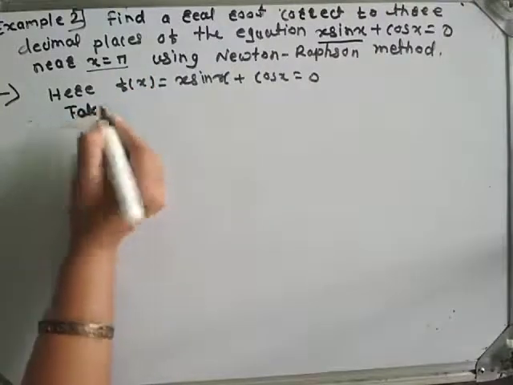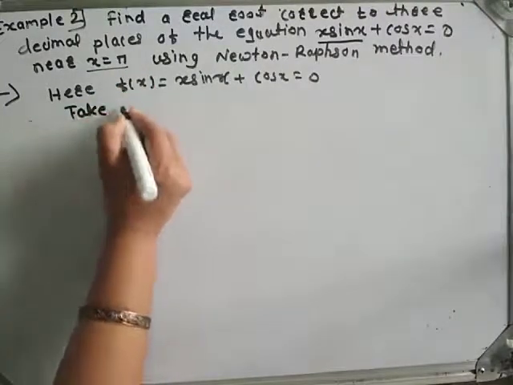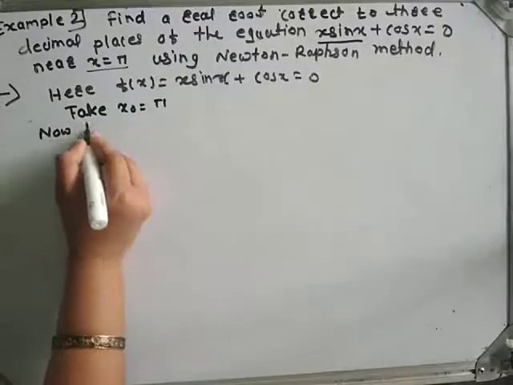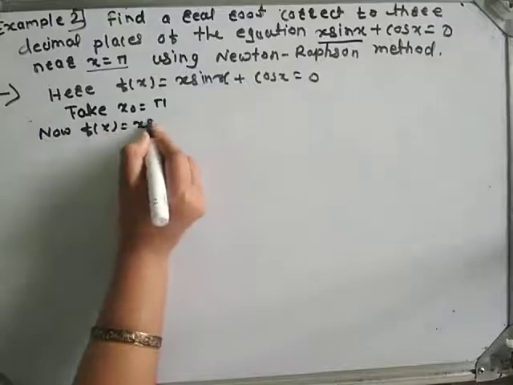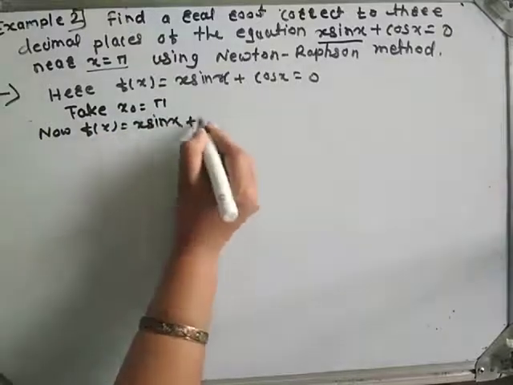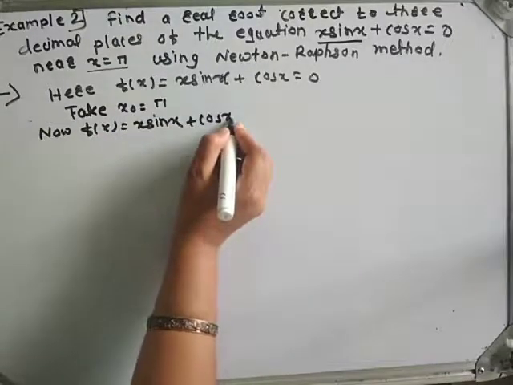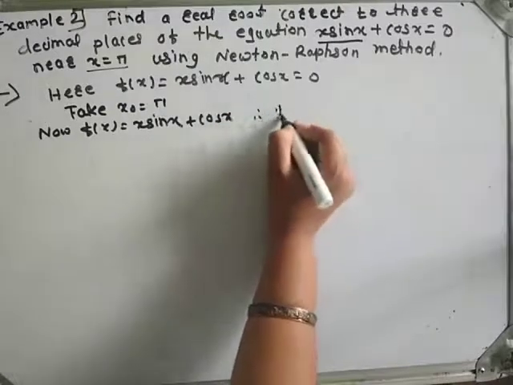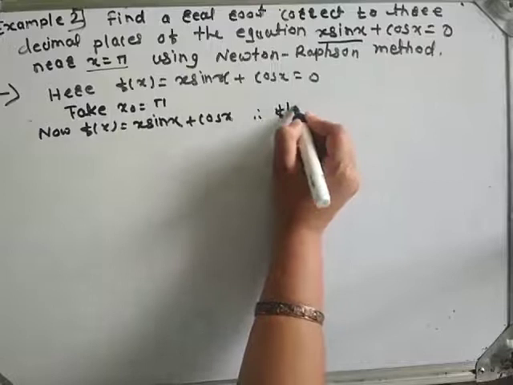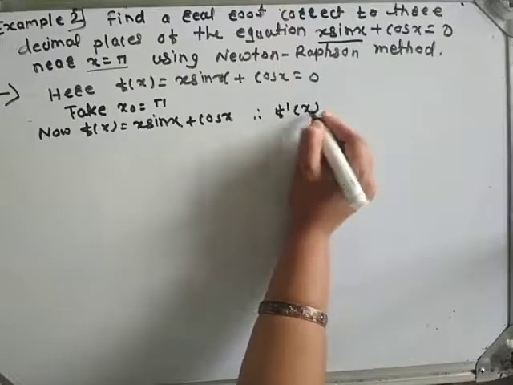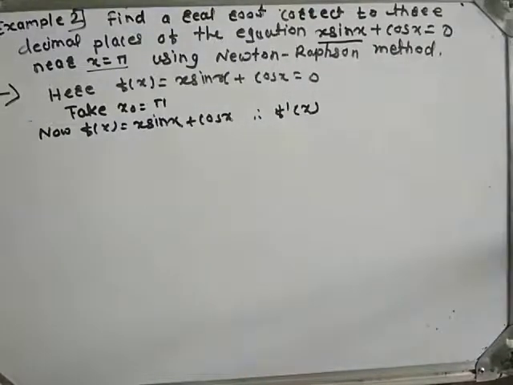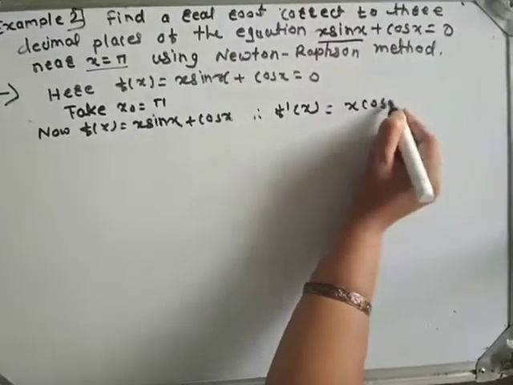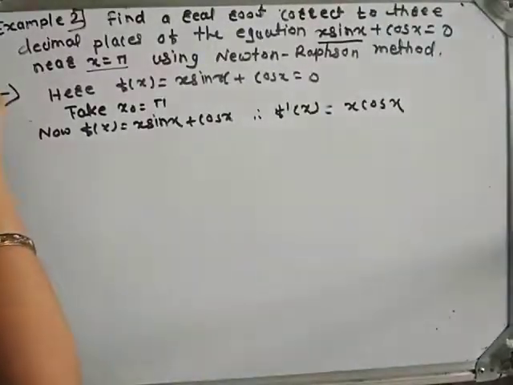Therefore, here x0 is equal to pi. Take x0 is equal to pi. Now, f of x is equal to x into sin x plus cos x. Therefore, derivative of f is equals to x into cos x.